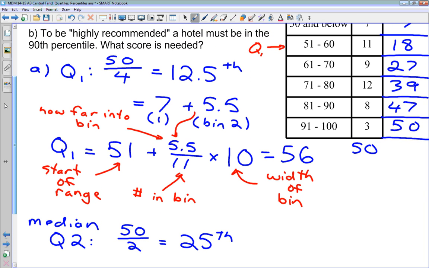So let's go to our frequency table and figure out which bin that 25th number would appear in. Well, we have 18 numbers up to the end of bin 2, and 27 numbers at the end of bin 3, the 61 to 70. So our 25th number has to be somewhere in that third bin, right there. So we know which bin we're looking in.